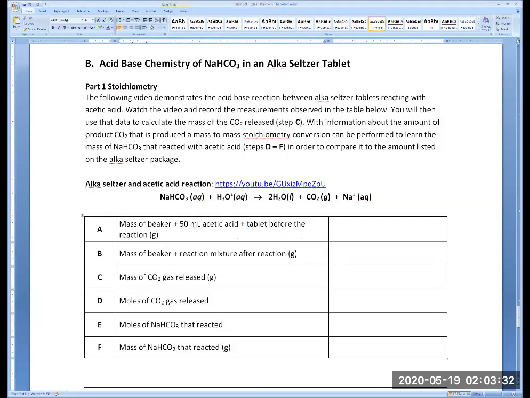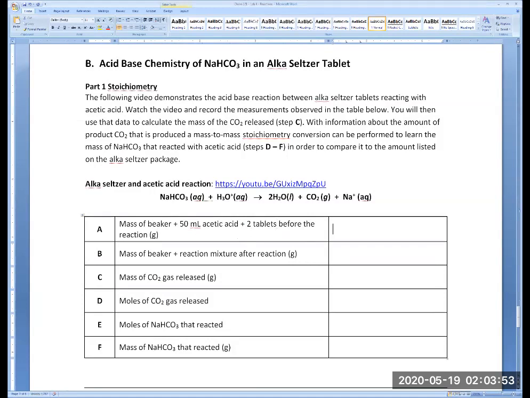Here it should be 2 tablets. She will need to add 2 tablets to the beaker. And so she has a little balance, and you will read the value here.